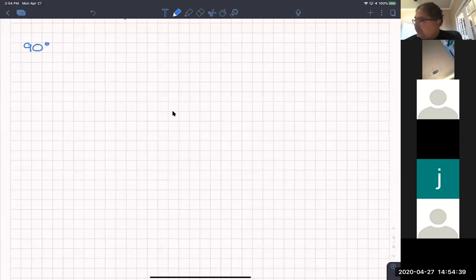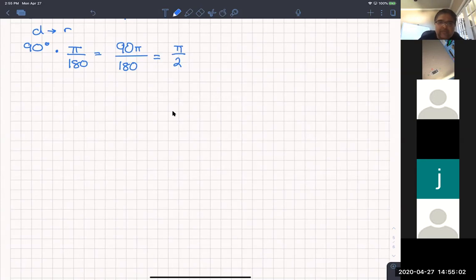Let's do 90 degrees. So that's pi over 180, because I'm converting degrees to radians. So this is 90 pi divided by 180. 90 over 180 becomes 1/2. So 90 degrees is pi over 2.